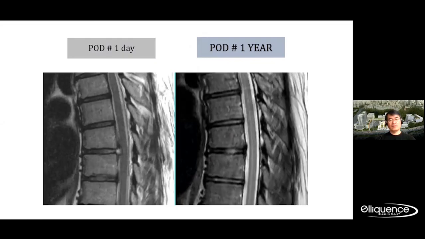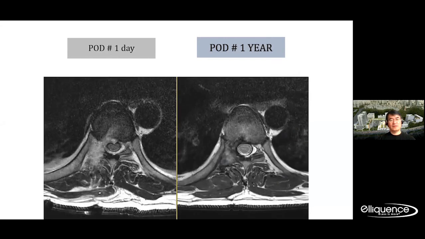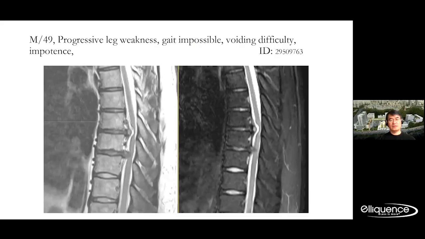So when you follow the MRI, we can see the perfect remodeling of the posterior annulus. Right, this is also embedded, and the 1 year follow-up MRI. You can see the nicely done remodeling of the annulus right there.